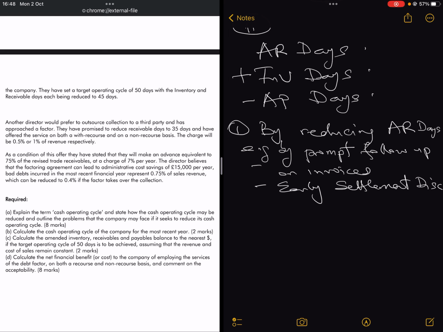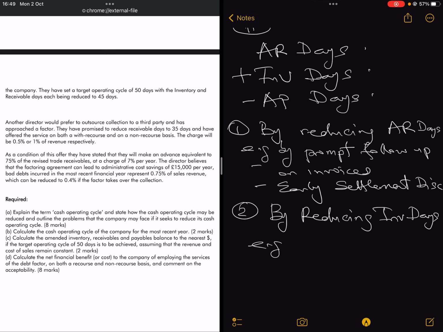Right. And another, second way of reducing cash operating cycle is by also reducing inventory days. And remember, you must state how.